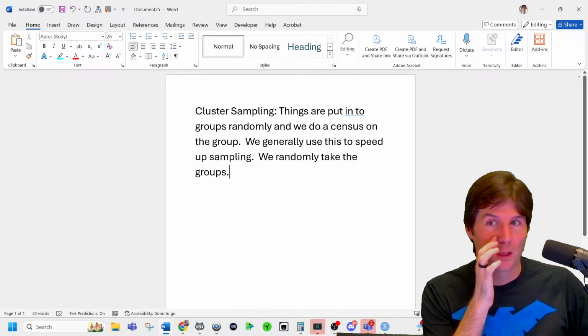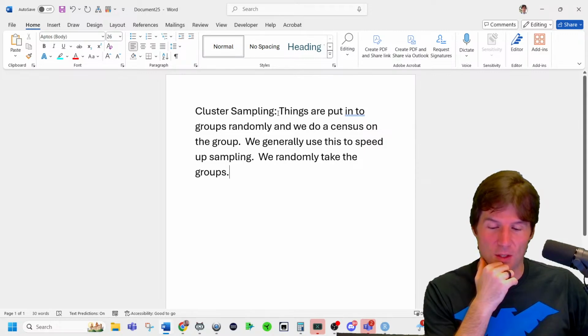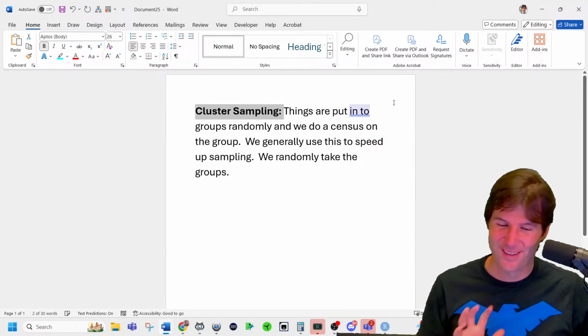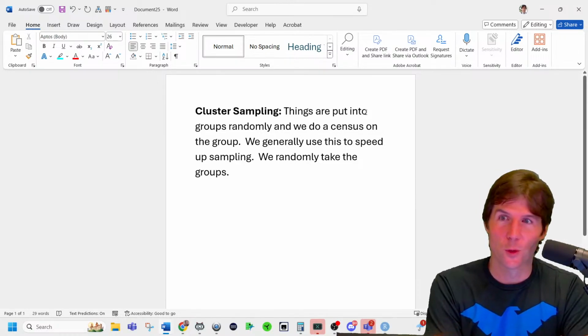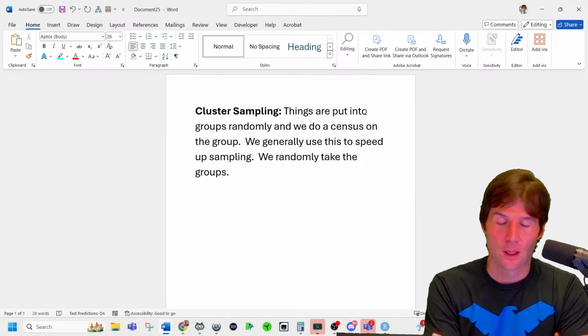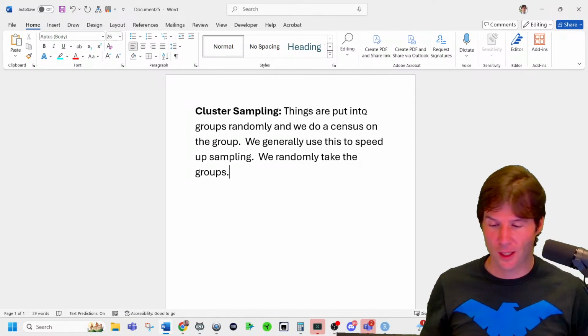True. So you're going to take censuses. You're going to do a census on the group, and the groups are kind of randomly put together. That's the best sort of clusters. Compare this to stratified.